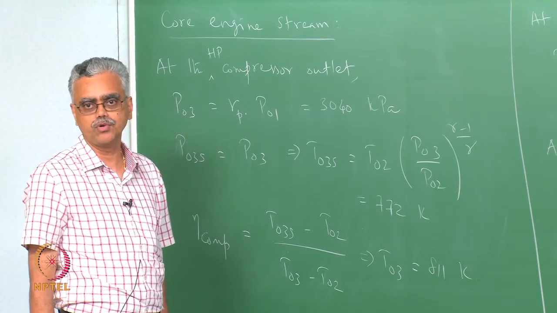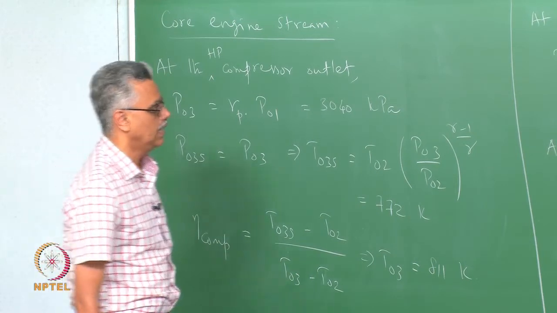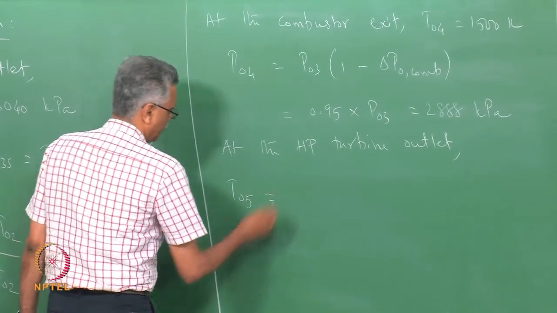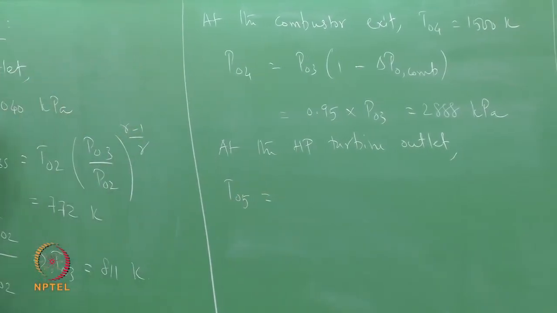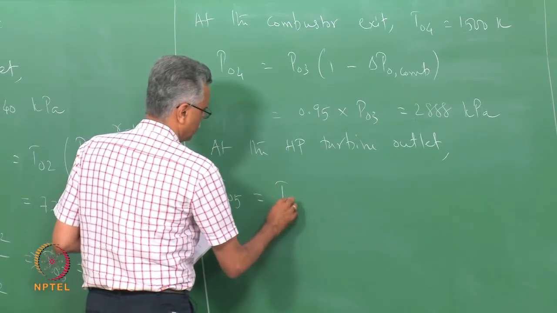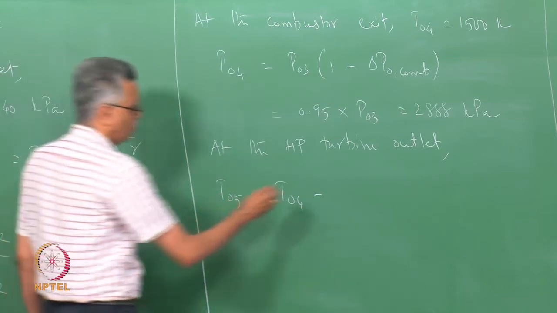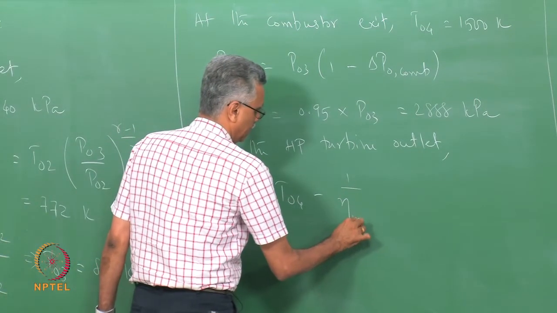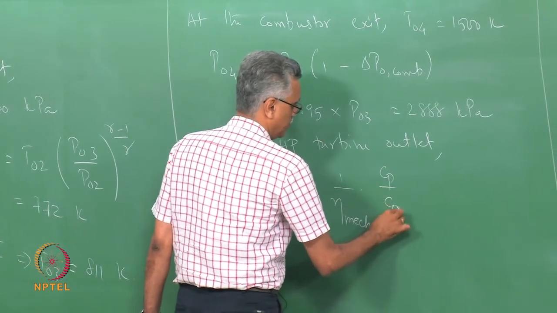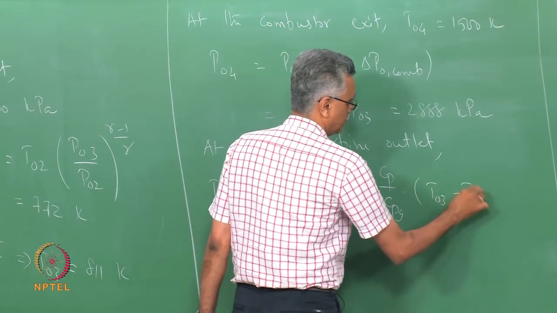The HP turbine produces just enough work to run the HP compressor, and based on the energy balance we obtained that the exit temperature of the HP turbine, T05, is equal to T04 minus 1 over eta mechanical times Cp over Cpg times T03 minus T02.